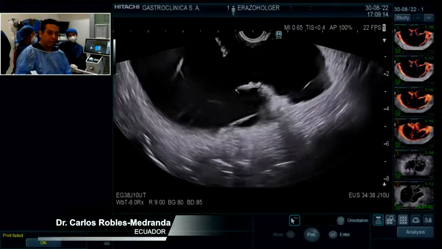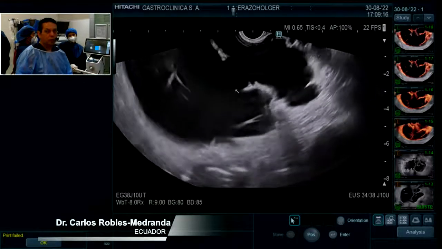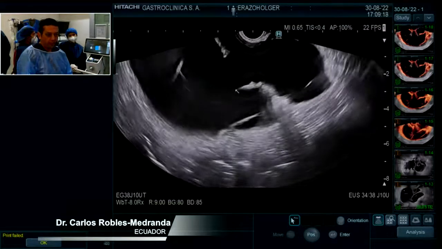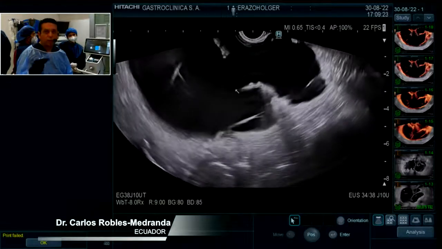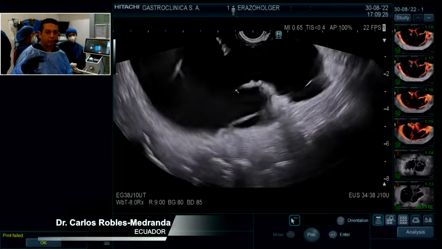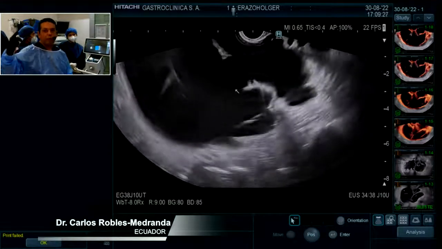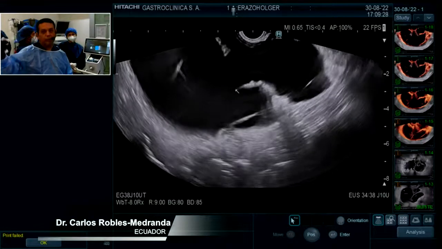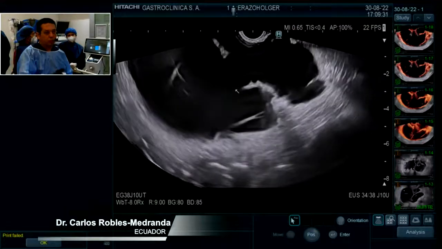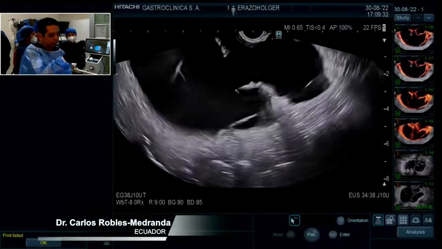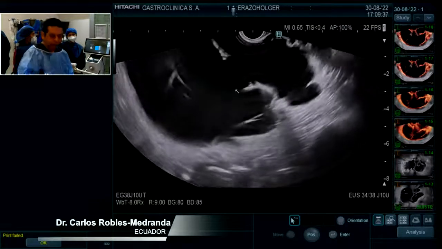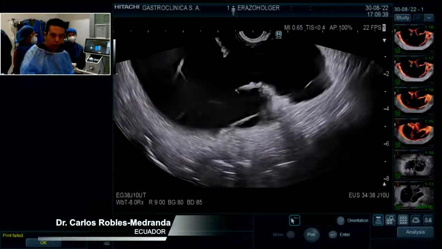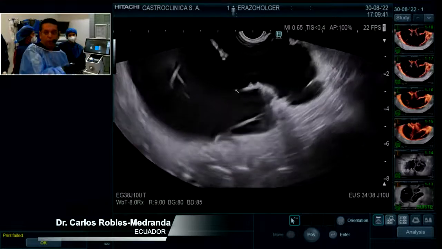So in our center it is routine to do both, because we increase the diagnosis by 34% compared to only doing the aspiration of the liquid and sending that. This is important; we already do it, but with all this you increase the diagnosis a lot.